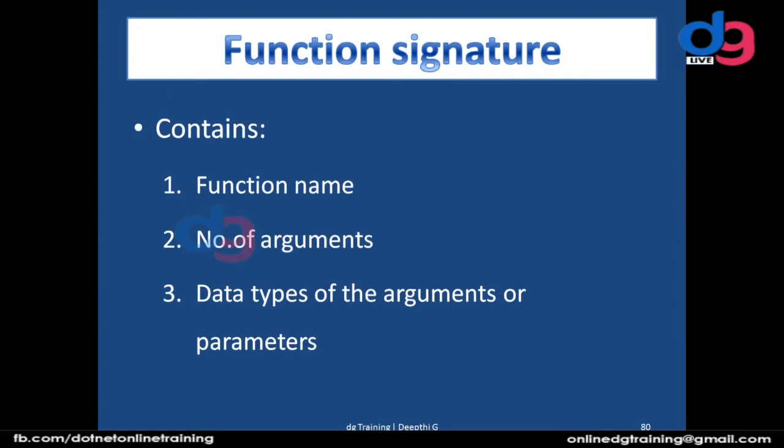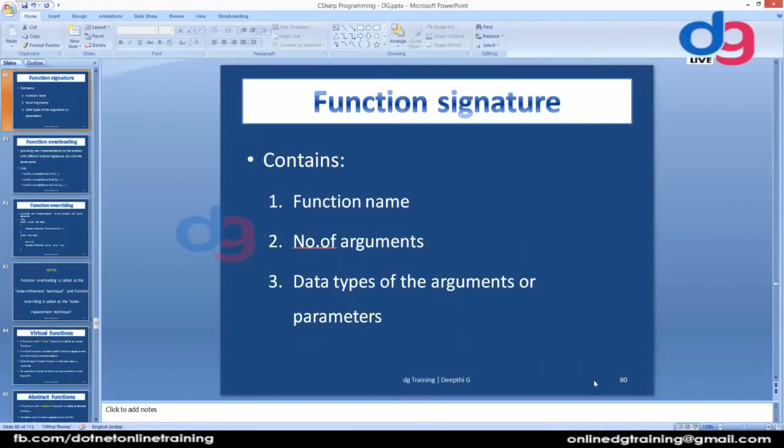The function name, arguments, and the data types of the arguments, altogether, we call a function signature. So the function name, number of arguments, and data types of arguments become the function signature. Now let's go to an example to understand function overloading.